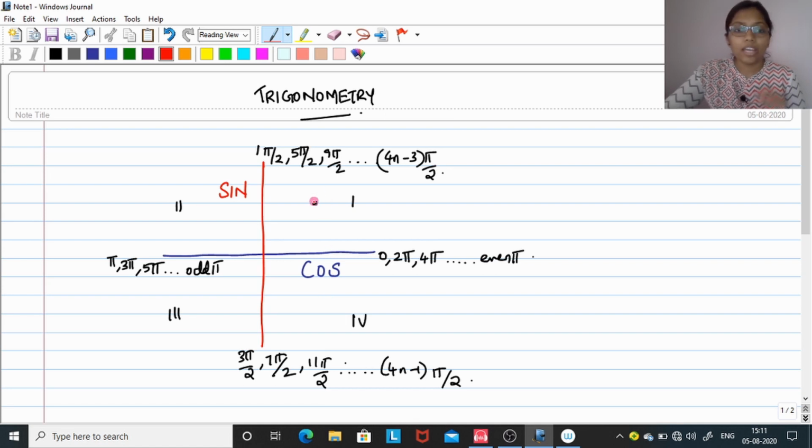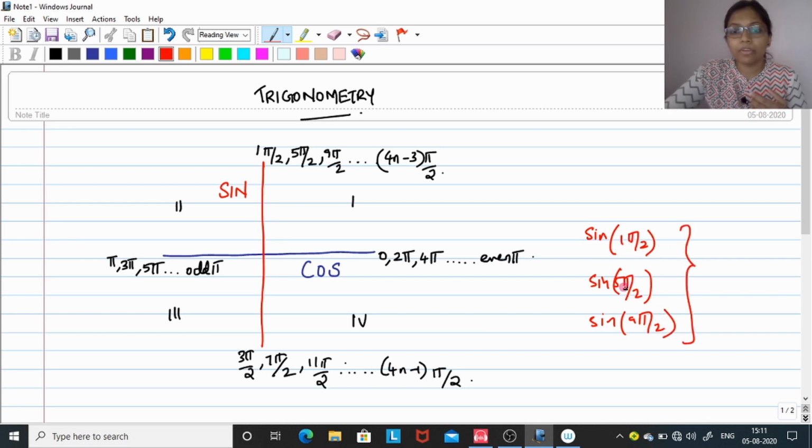And in this case, upper angles will have positive 1 value, like sine 1 pi by 2, sine 5 pi by 2 and sine 9 pi by 2, everything, this 1 pi by 2, 5 pi by 2, 9 pi by 2, everything is on the upper side. So sine for that area is positive 1.